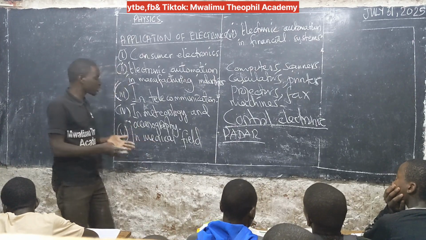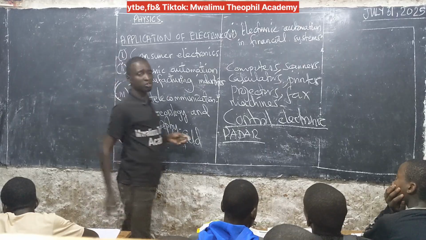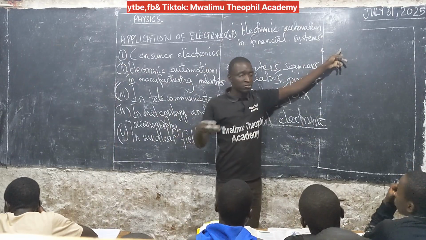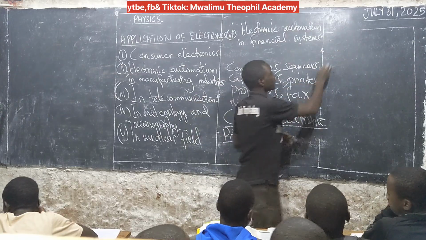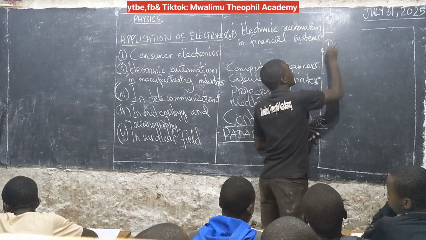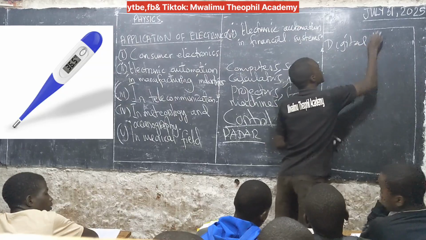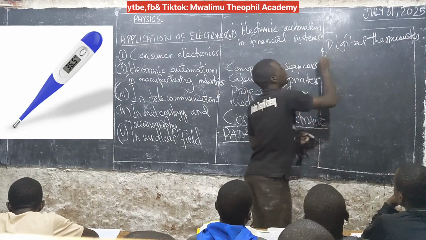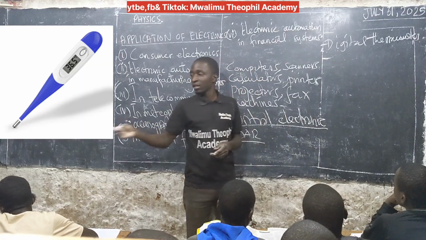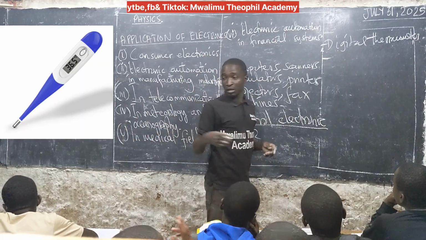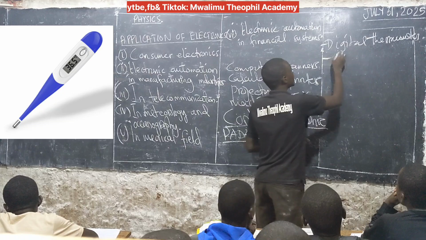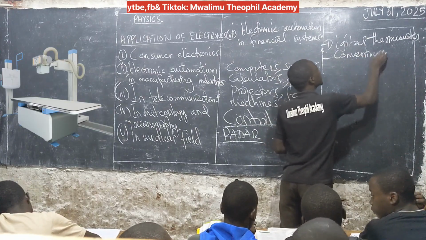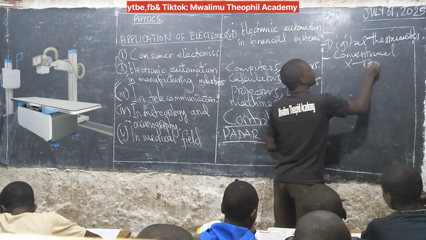What are examples of them? Yes, digital thermometers. Another device, yes? Conventional X-ray machines. Another device, yes? Ultrasound machines.